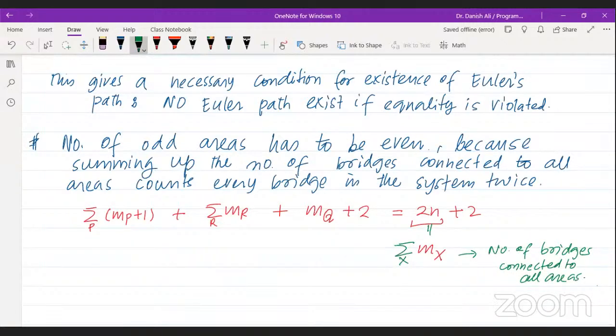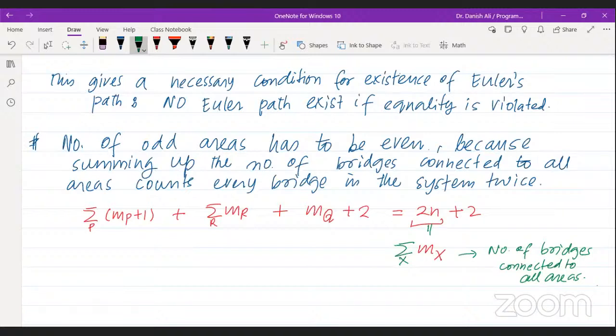So your equation will be this: on the left hand side, what do you have? The sum of all bridges connected by the odd areas plus 1, plus the sum of all connected bridges, the number of bridges connected with even areas, and plus the starting one with an even plus 2, that should equal 2n plus 2.